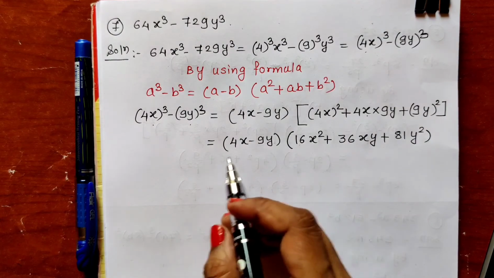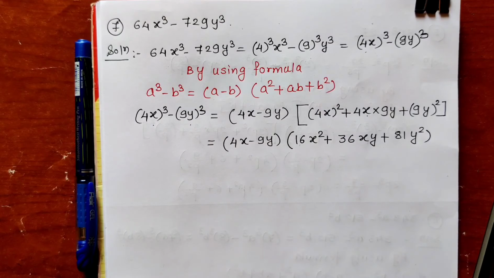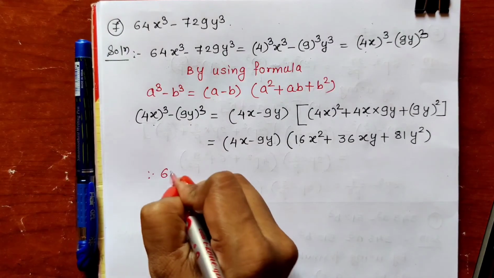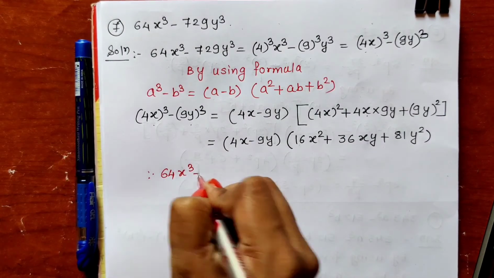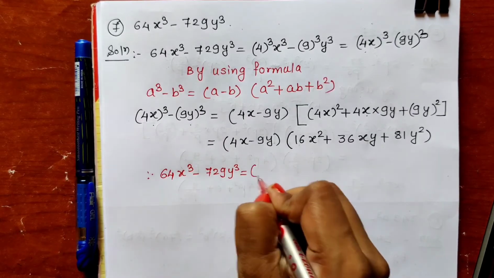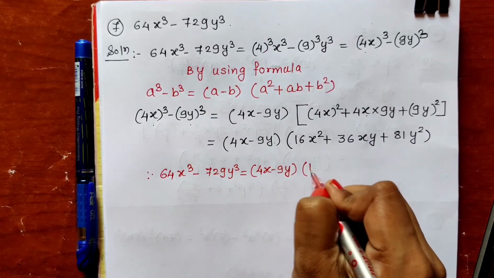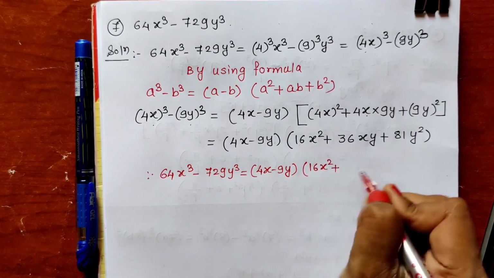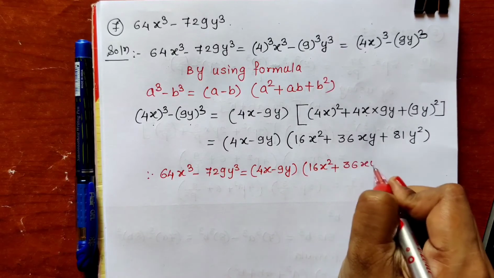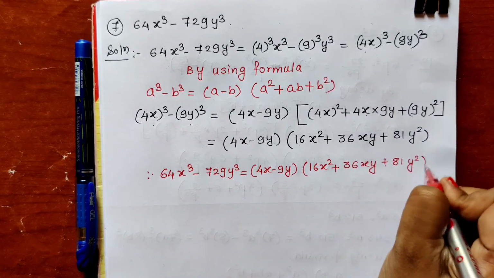So from second bracket also we cannot take out anything common, so this is our answer. Answer we write 64x cube minus 729y cube is equal to 4x minus 9y, first bracket, second bracket 16x square plus 36xy plus 81y square.